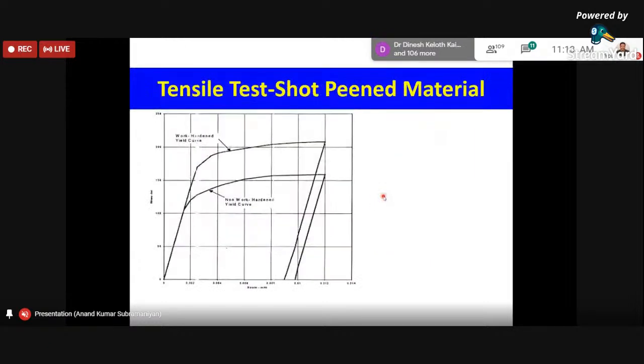And if we do a tensile test on these shot peened samples, you can see that this is the untreated material's stress strain curve.